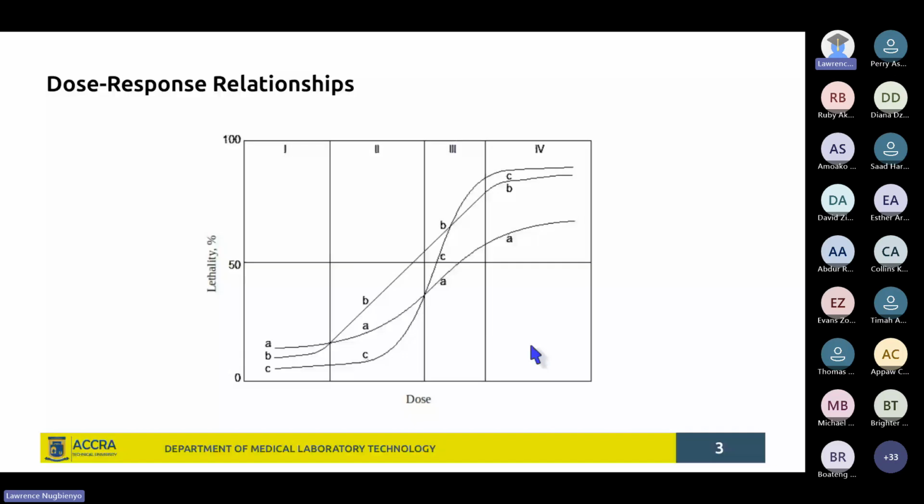So there is this dose response relationship with substances when you are comparing substances to choose. I mean, in research of, let's say, drug development, drug research, it is important to check different regions in comparing these effects.